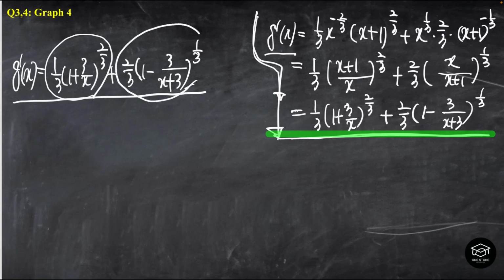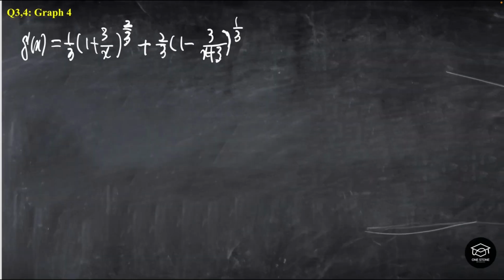The second term is 2/3 times the quantity 1 minus 3 over x plus 3, all raised to the 1/3 power. This expression helps us understand the behavior of the function more clearly. Let's now analyze the sign of g prime of x to find increasing and decreasing intervals.